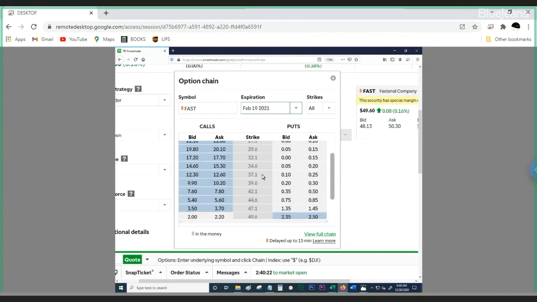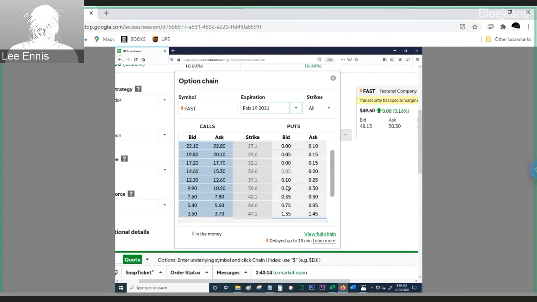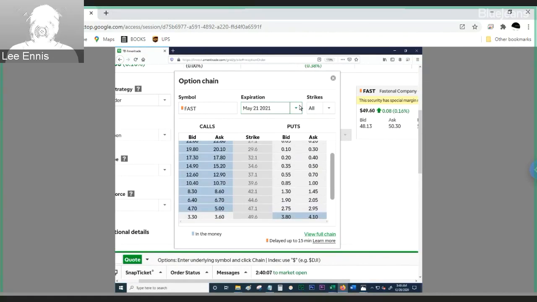Well, it's just not working for me. I don't remember. I know I didn't go out that far. There's no way I went out to May. No, I didn't. Anyway, I just wanted to illustrate how this works.